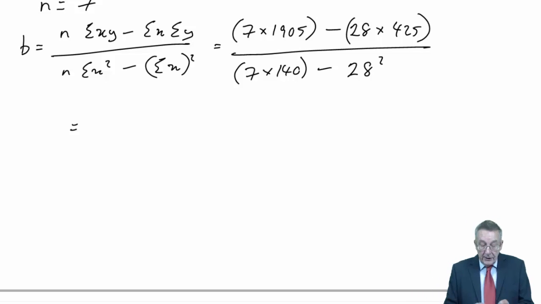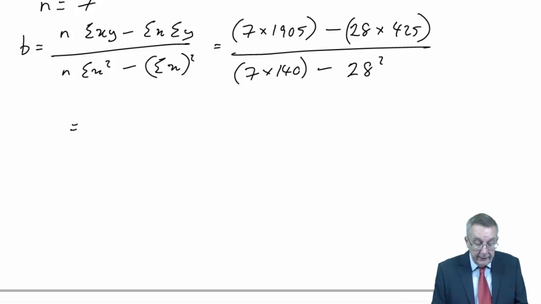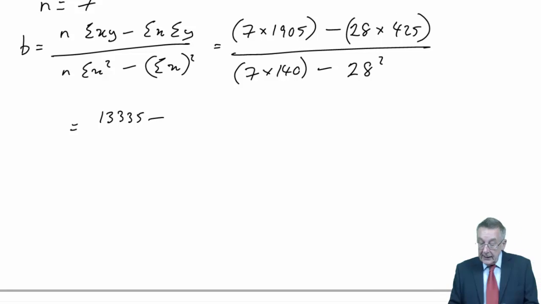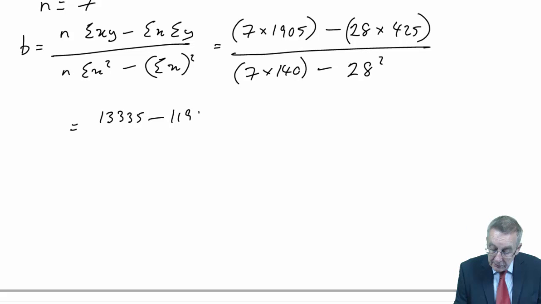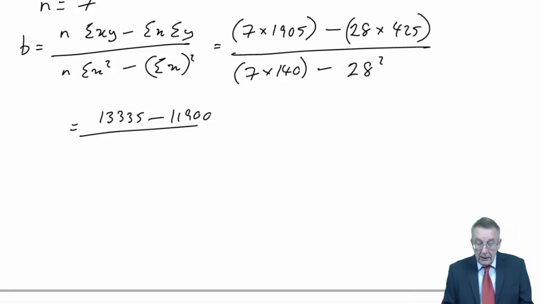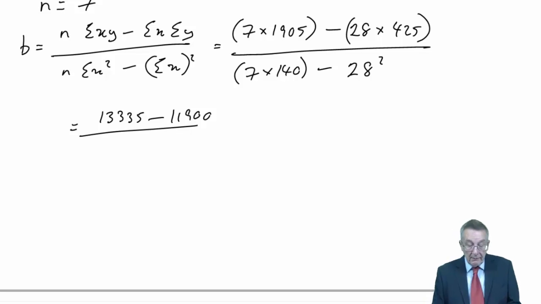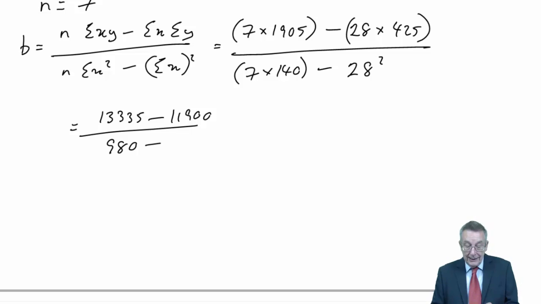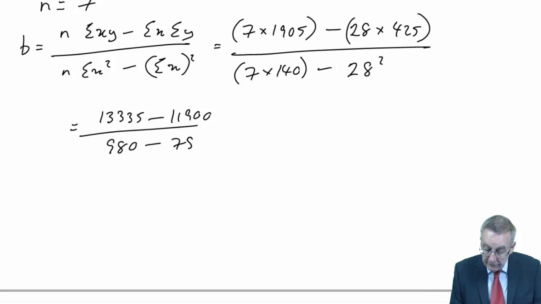The top bit's 7 times 1905 is 13335, minus 28 times 425, 11900, over 7 times 140, which is 980, minus 28 squared, 784.